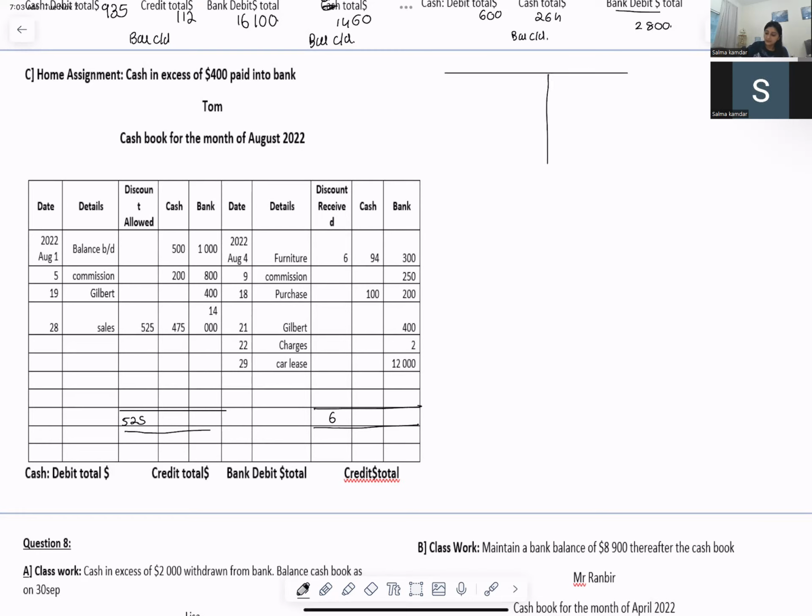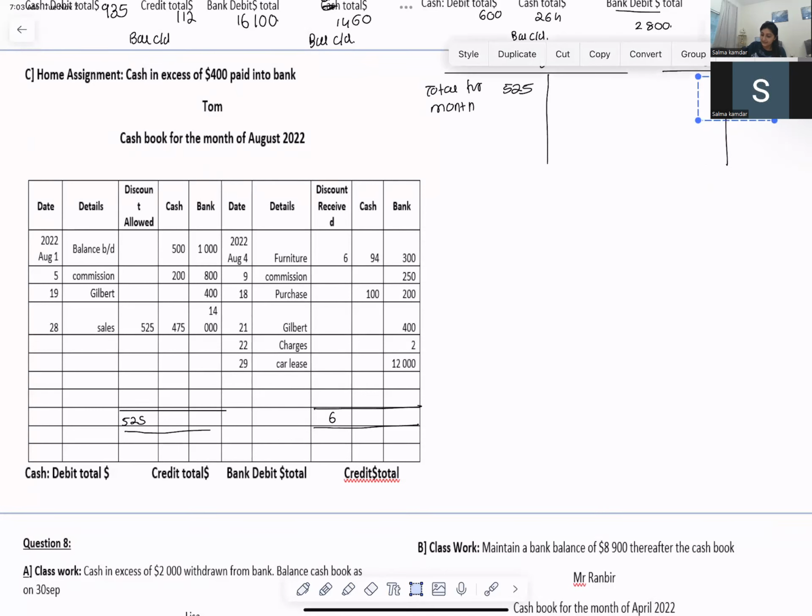Discount allowed would go on the debit side of the discount allowed as 525, and it will be total for the month. Discount received would go on the credit side of the discount received account as 6, and it will be the same thing as total for the month.